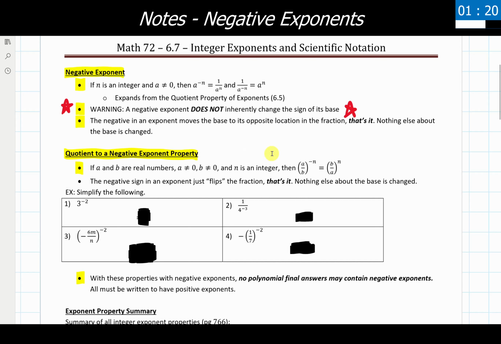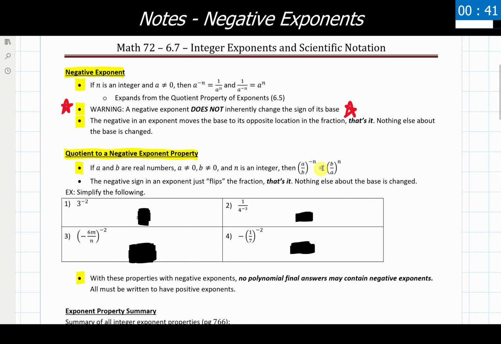That's it, nothing else. Now, extrapolating from there, let's say we have a quotient, a whole fraction that's being raised to a negative exponent. Well, we have a property for that. Instead of just moving one thing in a fraction to the opposite spot, if I have an entire fraction being raised to a negative power, and it's generally written inside of parentheses when this is happening, then the entire fraction itself is going to flip. The entire numerator becomes the denominator.